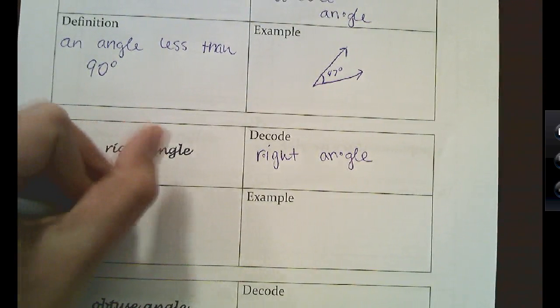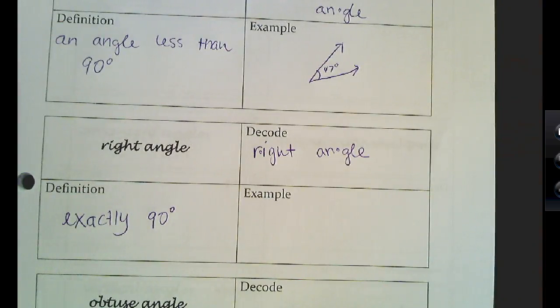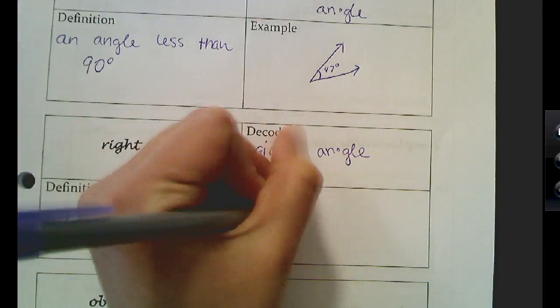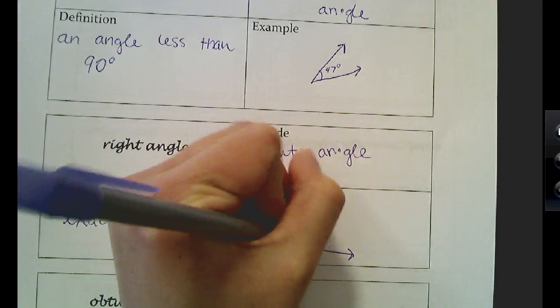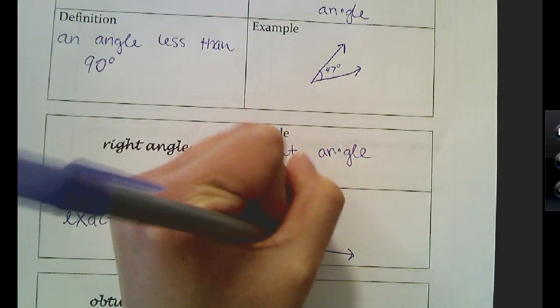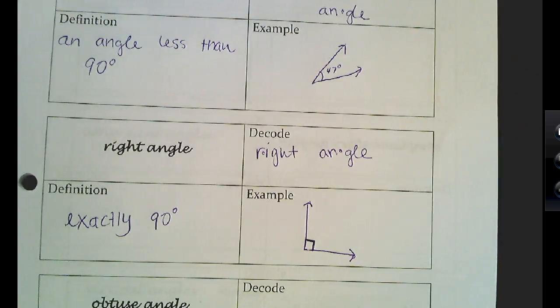Exactly 90 degrees is a right angle. So I'm going to go ahead and draw an angle here. And I'm going to put this box in the corner. And this box right here in the corner indicates it's a right angle.